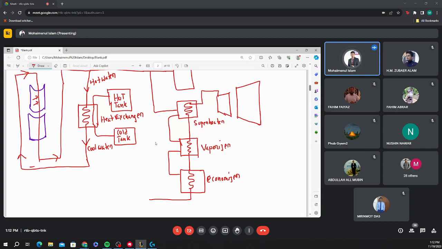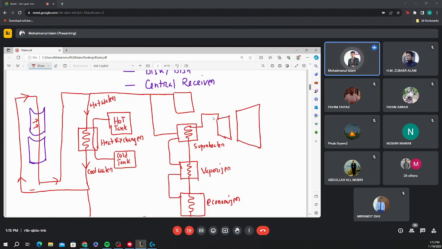So it is connected with this tank. And after that, we can connect it directly through a pump. So now on top we have our reheater.